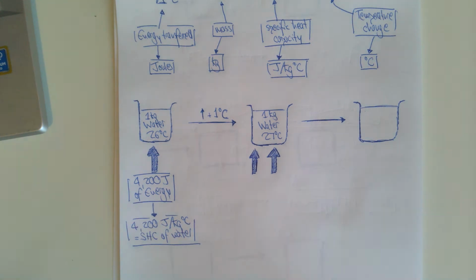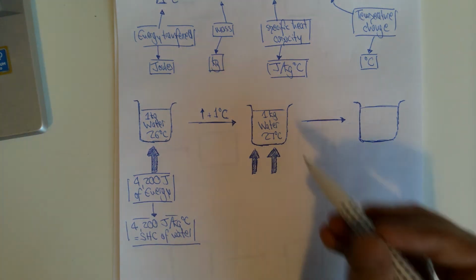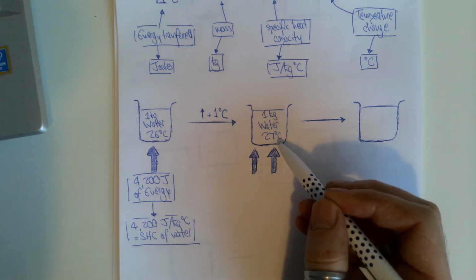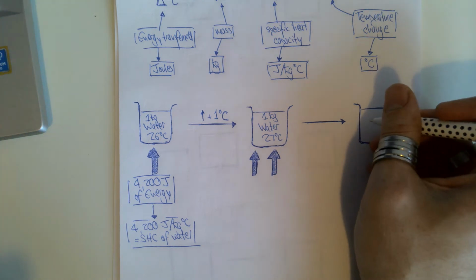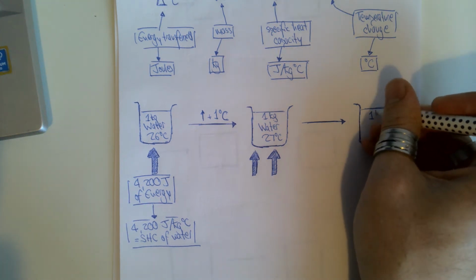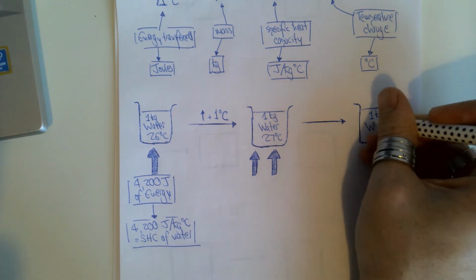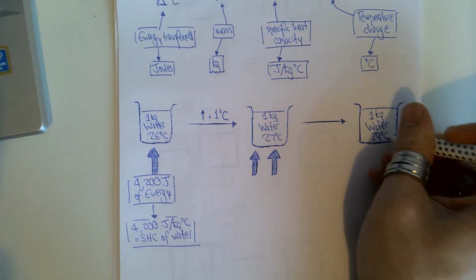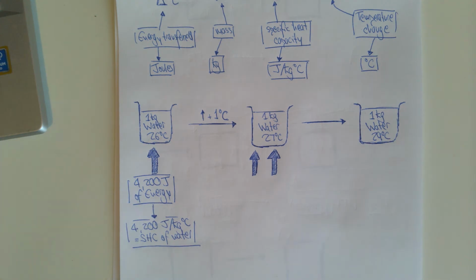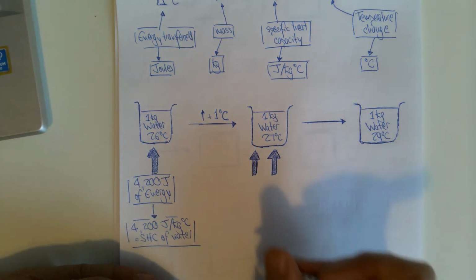Good. Now, same idea. If we wanted to take 27 degrees Celsius of water, that's 1 kilo, and heat it so that it became 29 degrees Celsius, we need to apply a certain amount of energy.